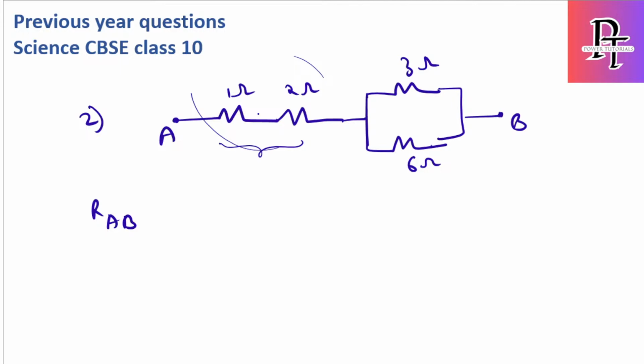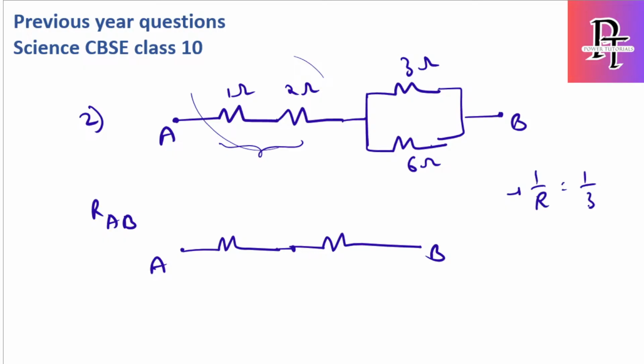First solve this one. This one is 1 and 2 ohms, so it is simple. It is just a series. This you have already done. Then this, 6 and 3, is in parallel combination. I will help you here. For parallel, 1 by r should be equal to 1 by 3 plus 1 by 6.